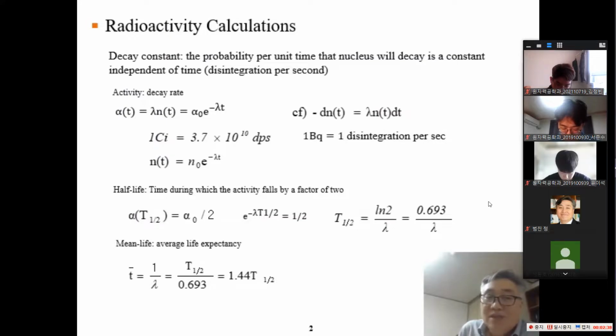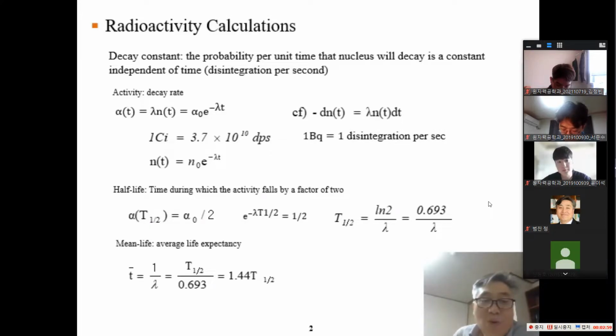That amount, lambda N, disappeared because they undergo decay and become a different element. So we call that activity.